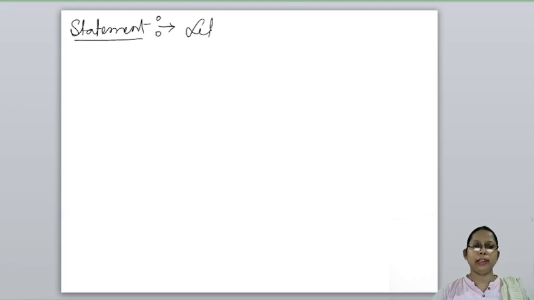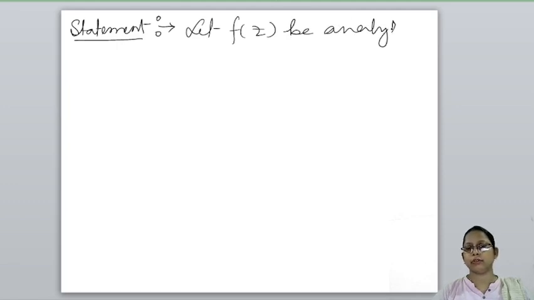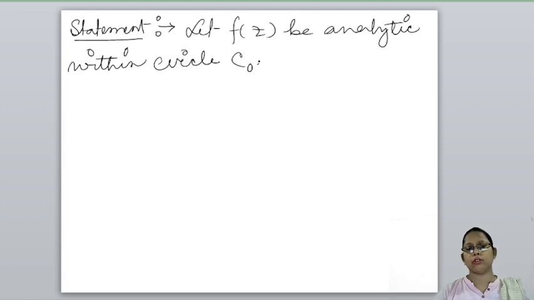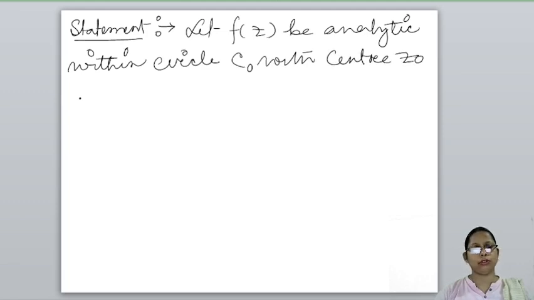Let f(z) be analytic within the circle C naught with center z naught and radius R naught.